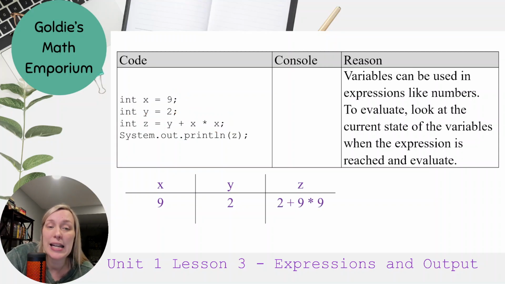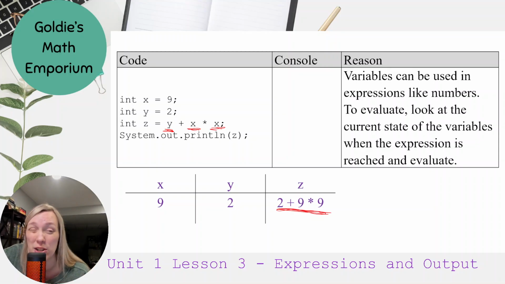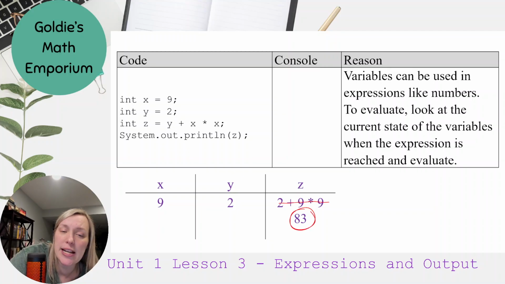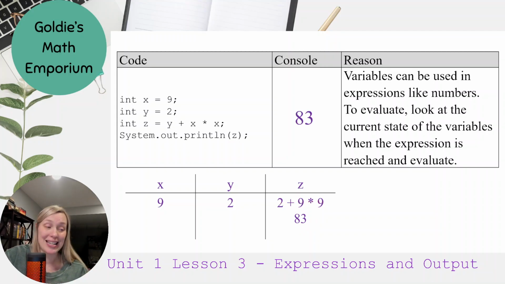So z gets 2 plus 9 times 9 because the value of y is currently 2 and x is 9. It evaluates this, so you have to figure out a value. It's not just this expression gets stored in z. You evaluate it. 9 times 9 is 81. 2 plus 81 is 83. So it's 83 that gets stored in z. So when I go to print out what z is, I'm going to print an 83.